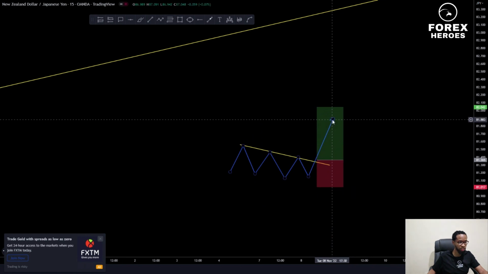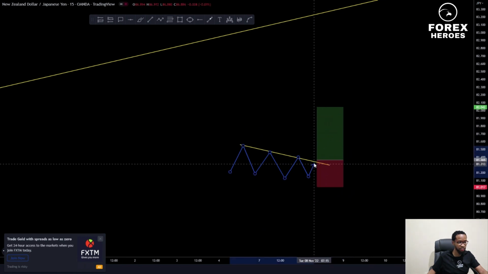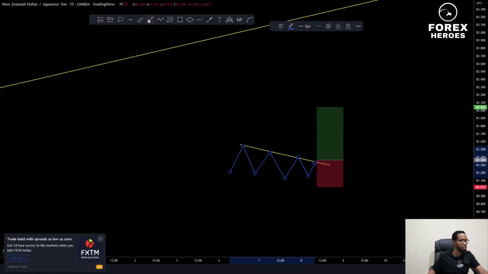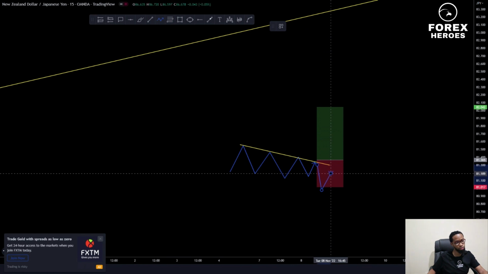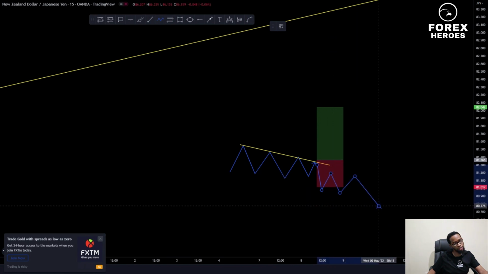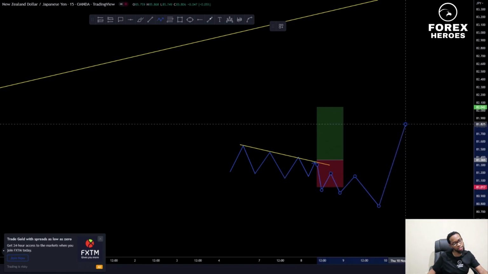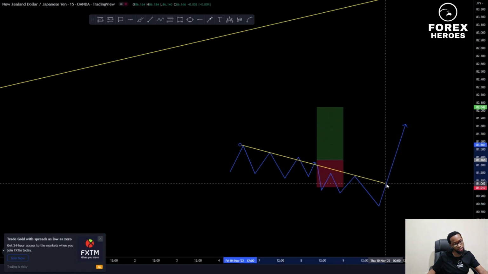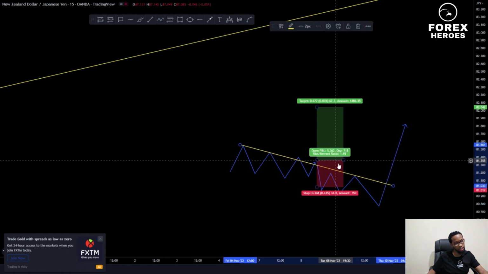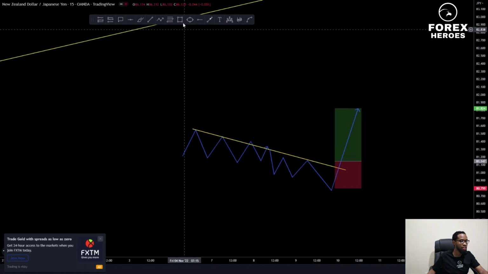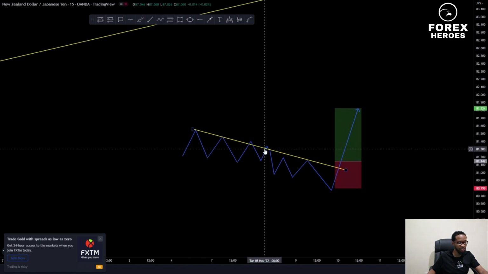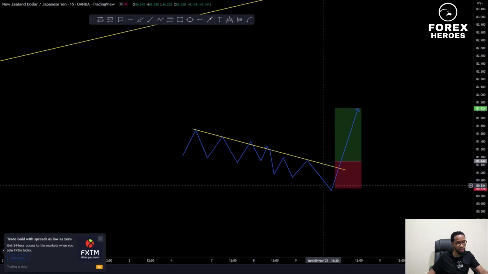Then you have a situation where the market decides to do this. It doesn't hit your pending order, then it decides to push further. Then it only breaks here. Then you have the advantage of taking this and putting your pending order here. So can you see the difference, that you would have entered here or here with the loss up to here?